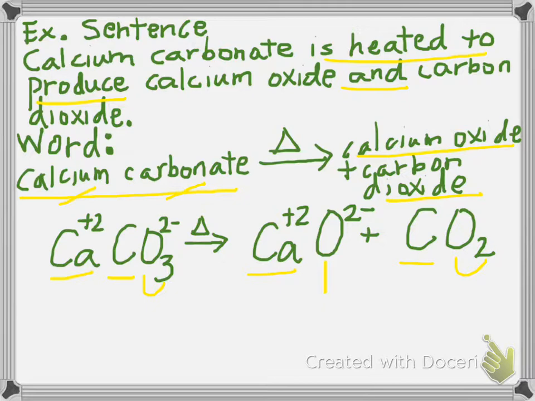Again, to review, one of the things that you will have to do by the time we get to the end of this chapter is, given a whole bunch of chemical reactions, identify them as to type. So we've already talked about combination reactions. Remember, how are we going to know that a reaction is a combination reaction?